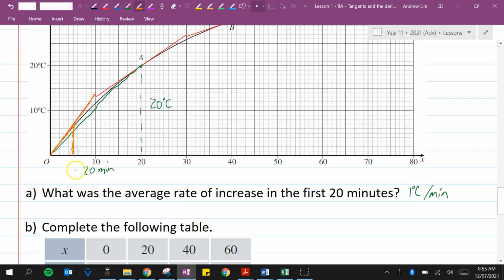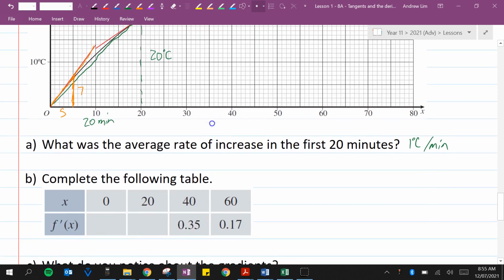That looks about right. It's got a rise of 7, a run of 5. So it's probably increasing at a rate of 7 over 5, 1.2 degrees Celsius per minute. That's a gradient of 1.2. I'll just write that, 1.2.